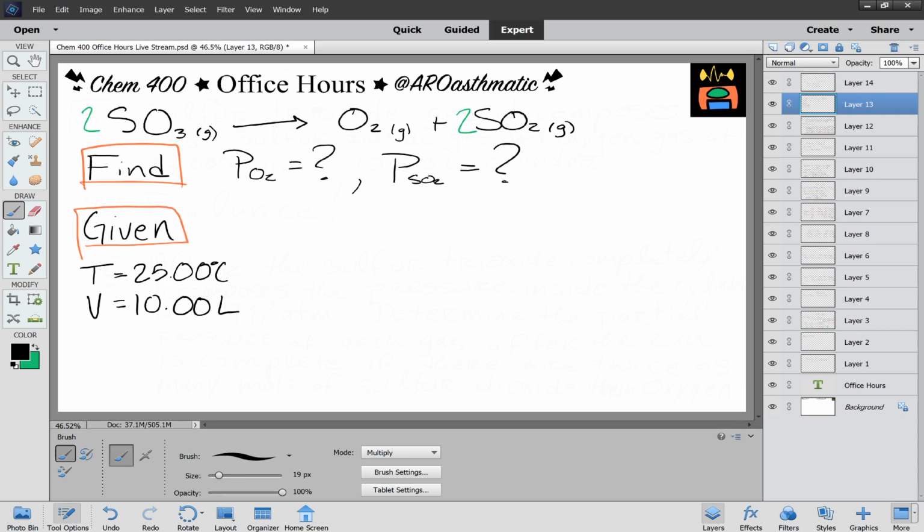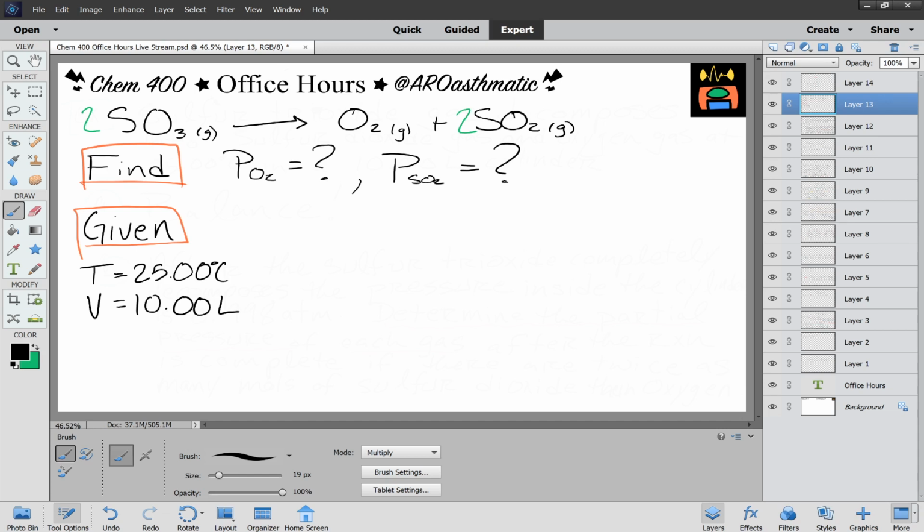Okay. All right, so we have those first 2 pieces of information. Now let's look for any additional information given in part B. We're told that it decomposes completely. The sulfur trioxide does, so there's no sulfur trioxide left. We're also told the pressure inside the cylinder.